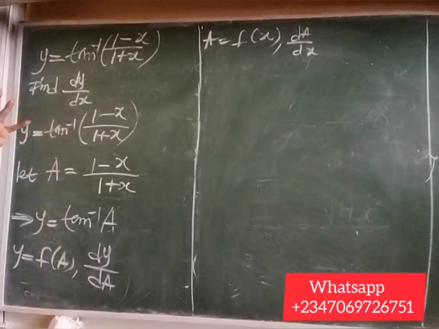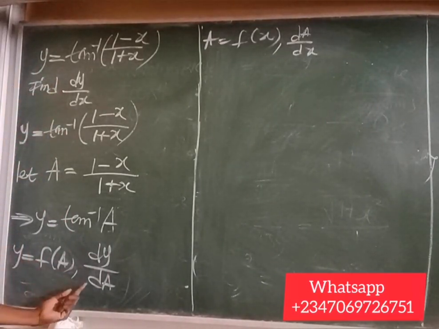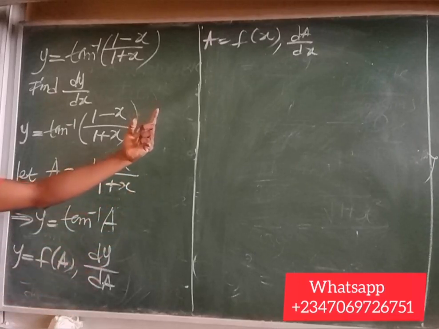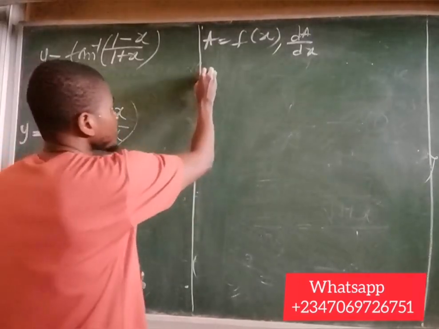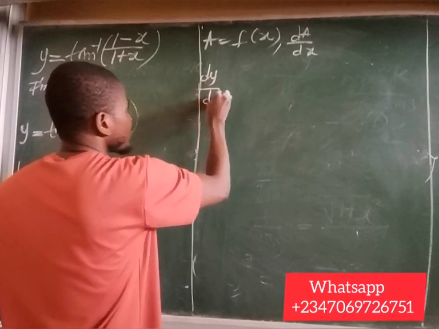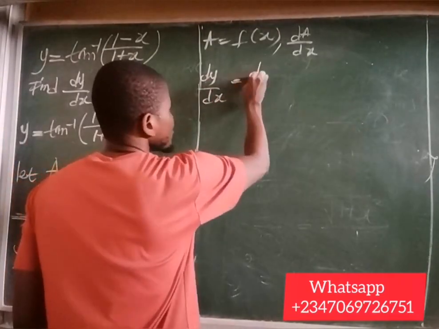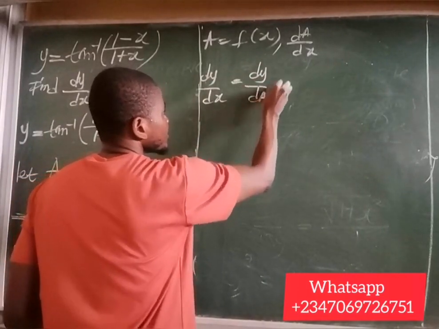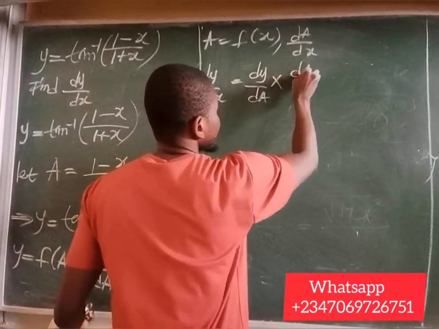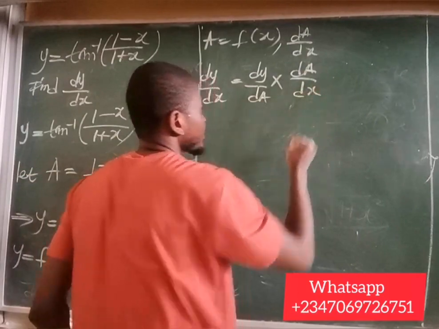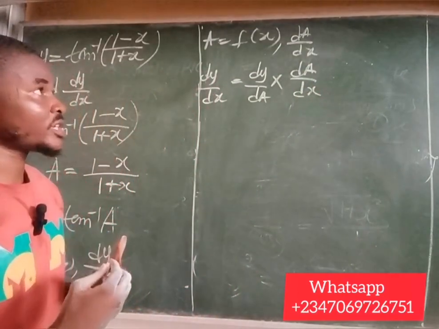And of course, the question says we should find dy over dx. The dy over dx is coming from multiplying these two derivatives. So I will simply obtain dy all over dx is simply dy over da, multiplying da all over dx, and this is simply called the chain rule.